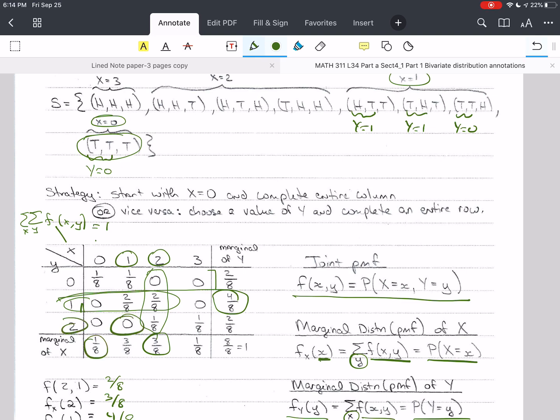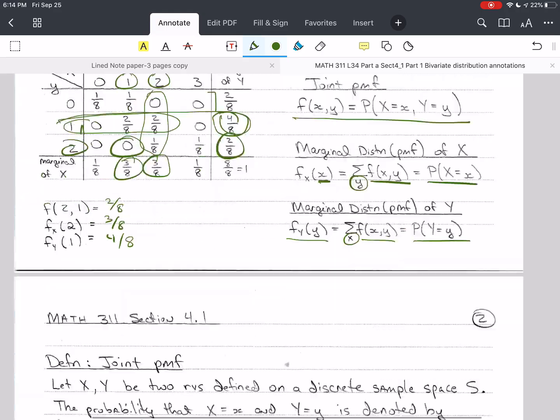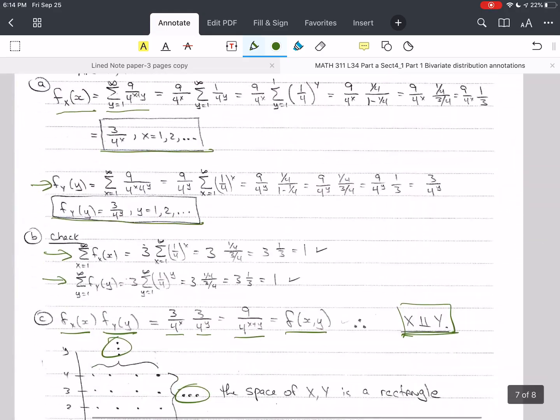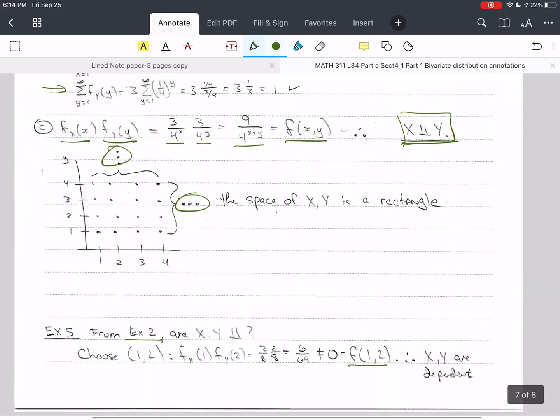No, not that one. 1. Yeah, 3/8. And 2 is 2/8. So let's come back down here and see what we did. So we have f of x at 1, f of y at 2. 3/8 times 2/8 is 6/64, but f of 1, 2 was 0.